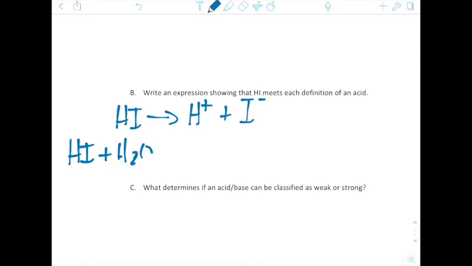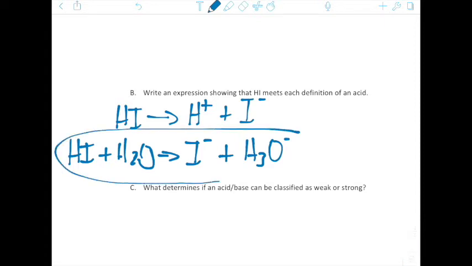It donates its proton to that water, and we have an iodide ion plus a hydronium ion. And then for the definition of Lewis, basically it's the same as our Bronsted-Lowry, but we would just show the Lewis structures.